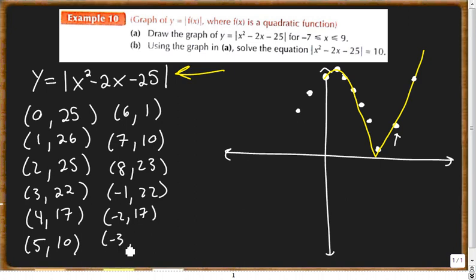And negative 3, that'd be 9 plus 6, 15, so that'd be 10. And negative 4 would be 16 plus 8 minus 25, so this would be 1. And then we'd have negative 5, that'd be 35 minus 25, so we're back to 10.